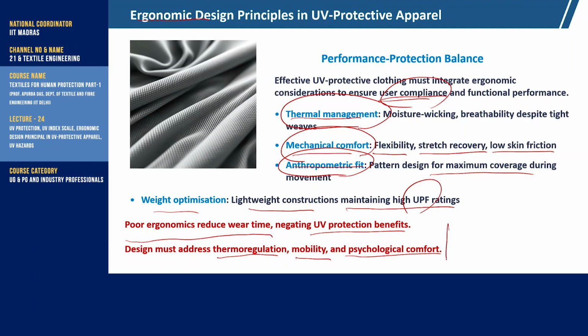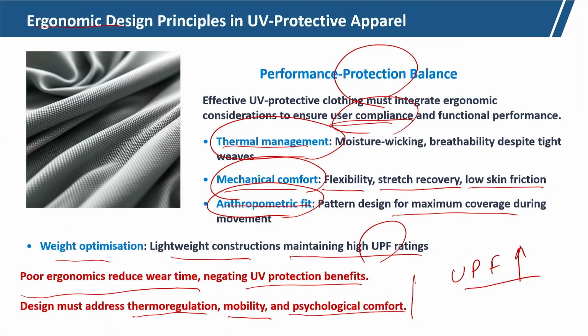These are important in addition to the prime requirement, which is protection. UPF should be high, and at the same time we should have proper thermoregulation, proper mobility, proper comfort level. Although these are opposing requirements, we must balance. We cannot only try to increase the UPF by compromising the other things. So, we should balance all these requirements.